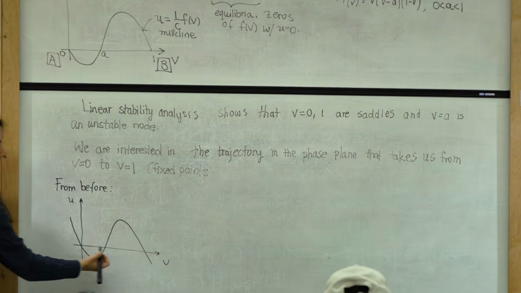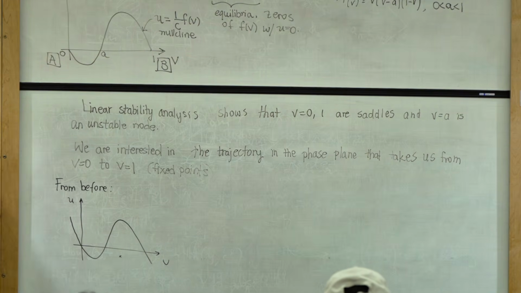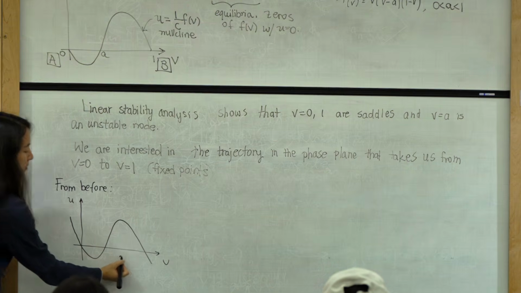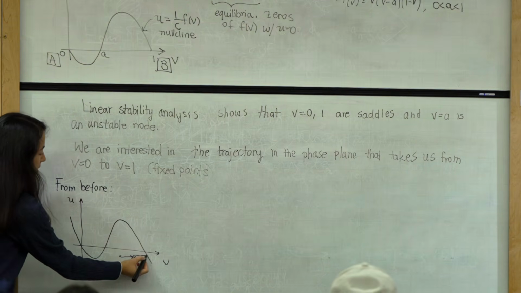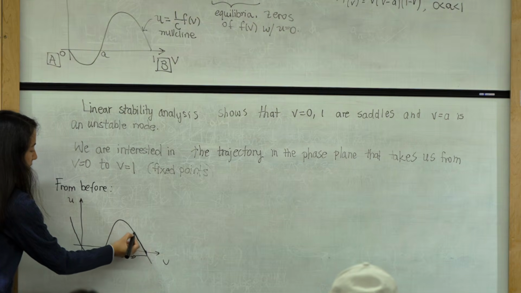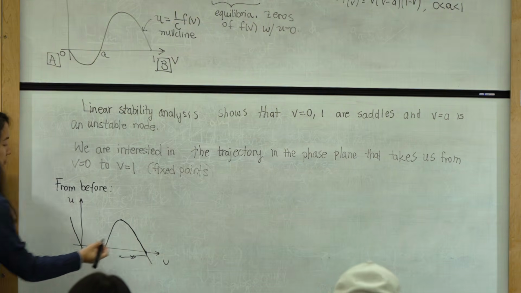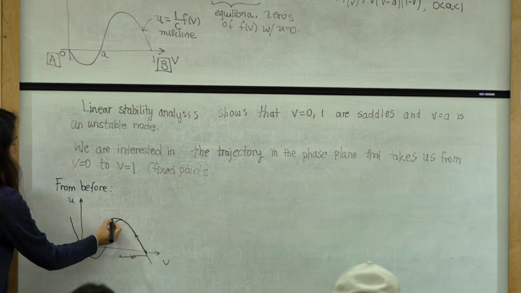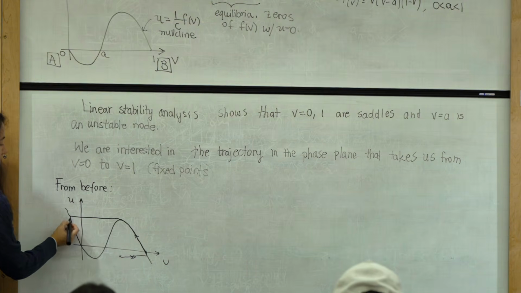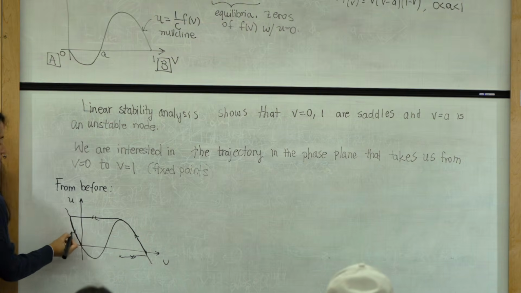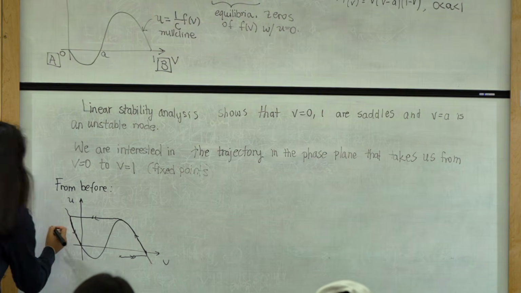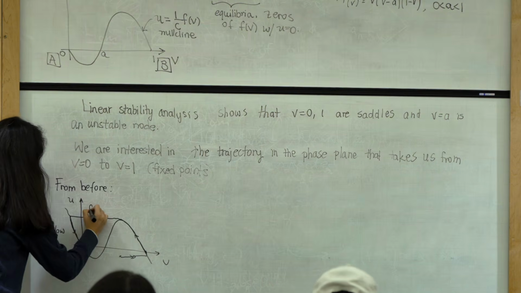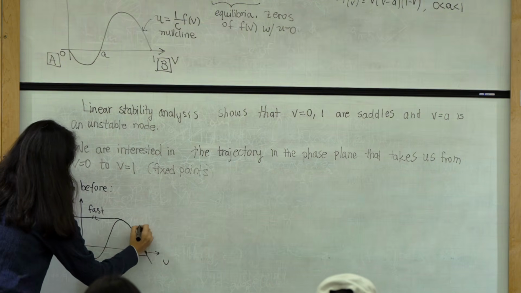And then I told you that if you start at some point over here, for instance, not at the equilibrium, you're going to go on this curve fast, right? Then we said you're going to come along this nullcline, you're going to reach the top point slowly, and you're going to jump after there on this curve fast again, and then you're going to go back to the equilibrium point, right? We have seen this in the past. So this is like a slow phase, fast phase, slow and fast.